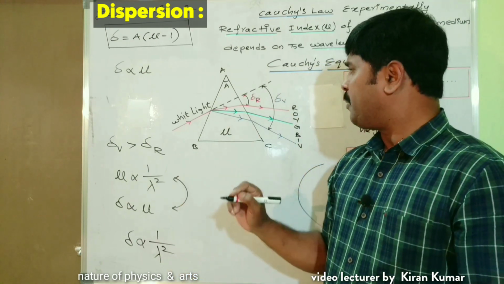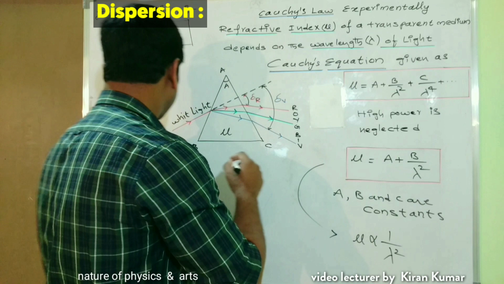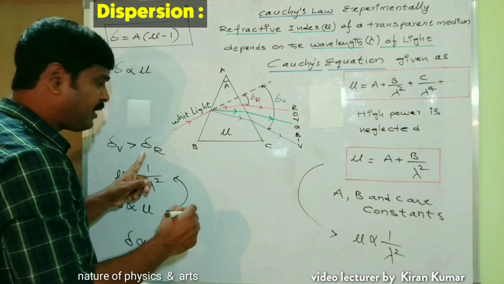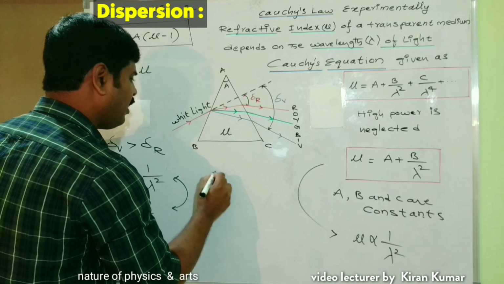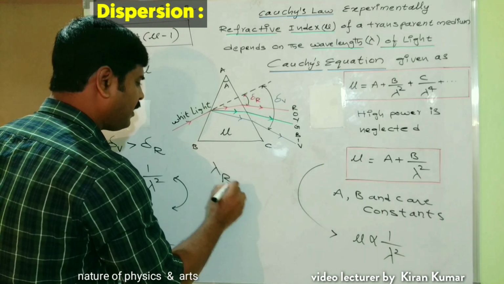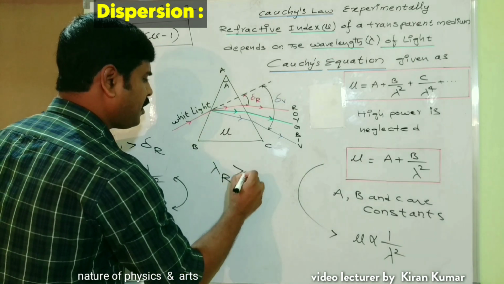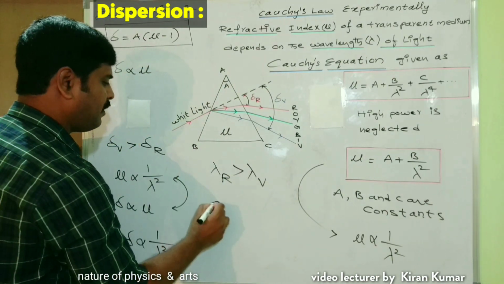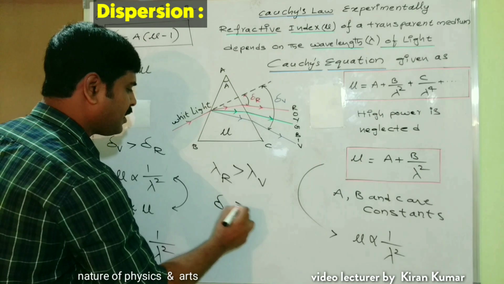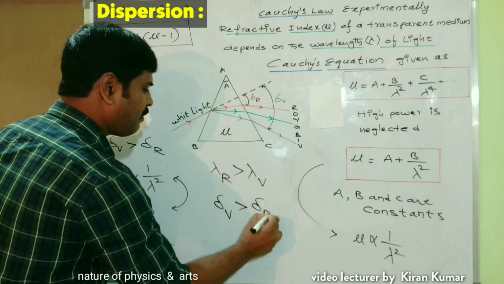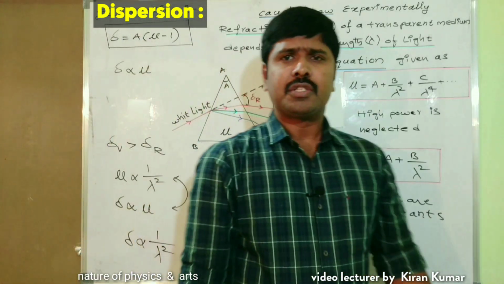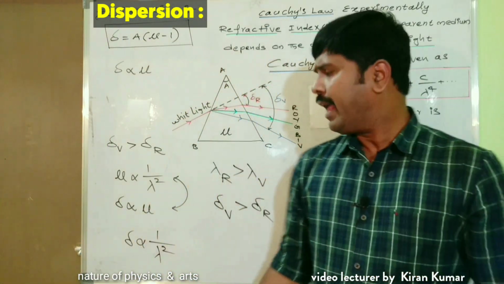Now, experimentally we got that the deviation of violet color is greater than the deviation of red color. That's why the wavelength of red color is greater than the wavelength of violet color, because the deviation of violet color is greater than the deviation of red color. Here deviation is inversely proportional to the square of the wavelength.